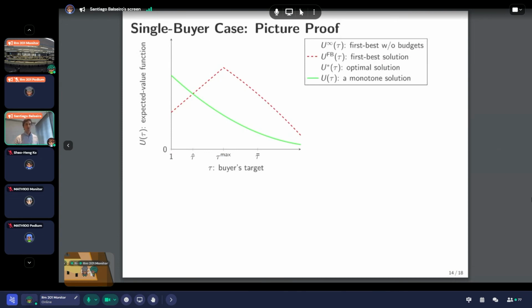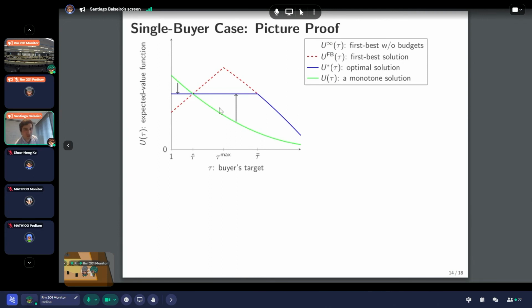How? Well, we can always construct a solution that is going to be constant first up to reaching first best, and then it's going to trace first best from then on. So the optimal solution is always going to have this structure. Why?